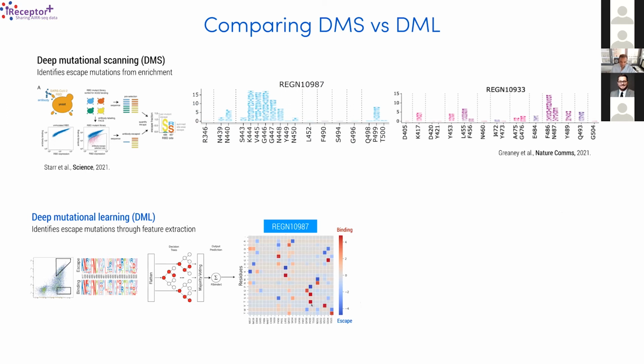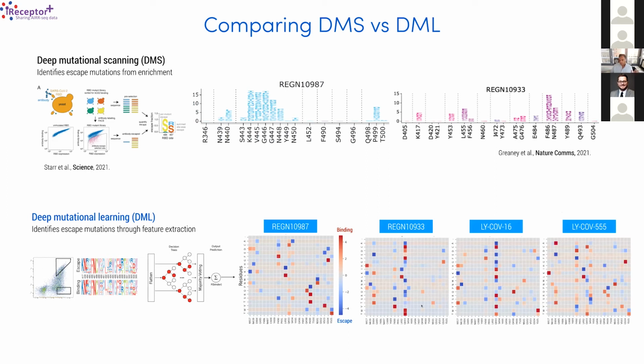And what's really interesting here is that there are mutations in positions 503, 504, and 505 that indicate escape from Regeneron 10987. That mutation is not observed in the deep mutational scanning data from Jesse Bloom's work. So that's an interesting feature that may be more powerful. We of course have to experimentally validate some of these, but I'll get to that in a minute.